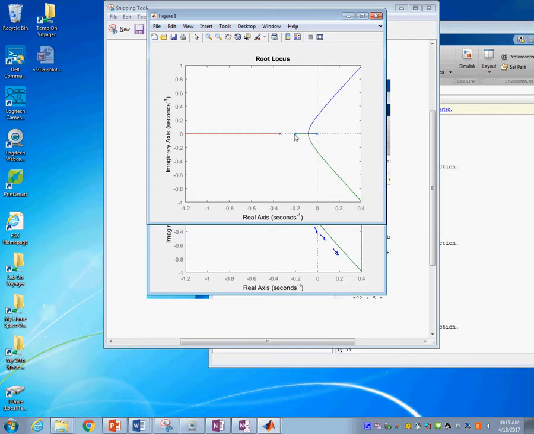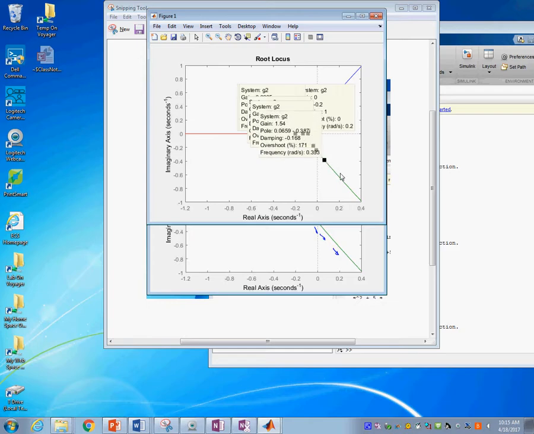If you click here, see where it says gain 0? Let's follow the green one, right? Gain 0.21, and then gain over here, see here, gain 0.2, and there is your system already unstable.